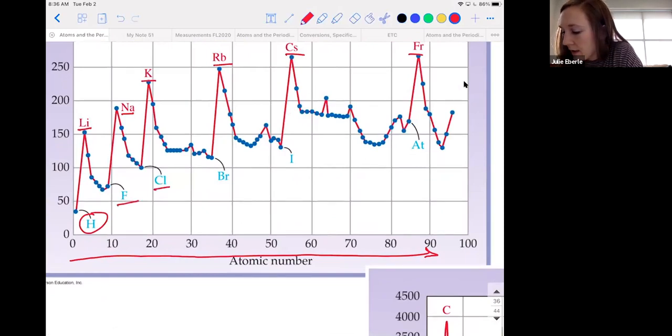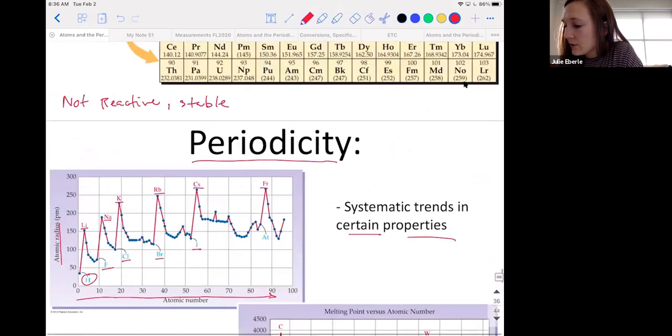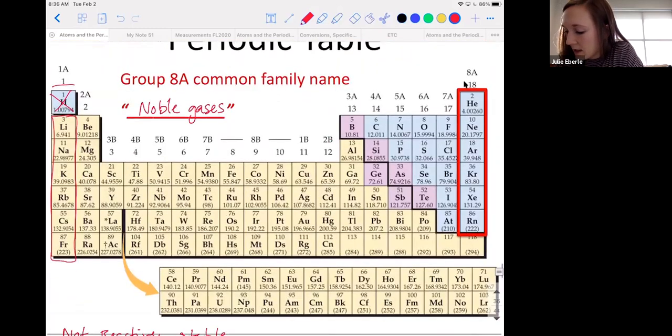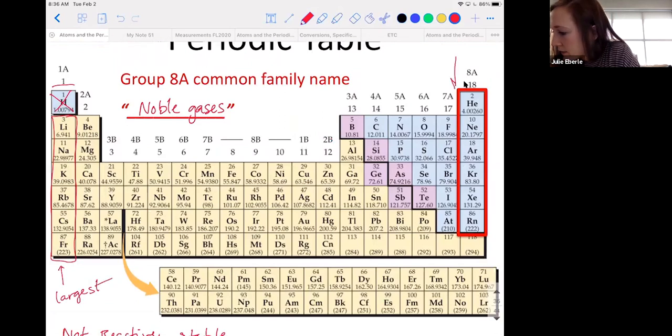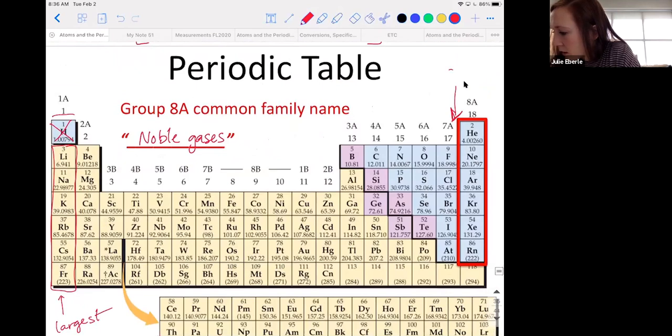But if you're looking over here, F, Cl, Br, I, what are those? Those are group what? They're all in the same group. 7A, those are the halogens, okay? So if we go back to this periodic table, these right here are the largest, and these over here, I'm trying to point to 7 there, these are the smallest.